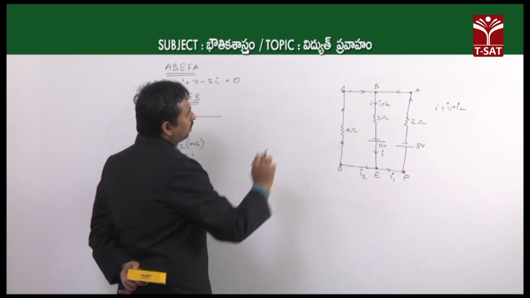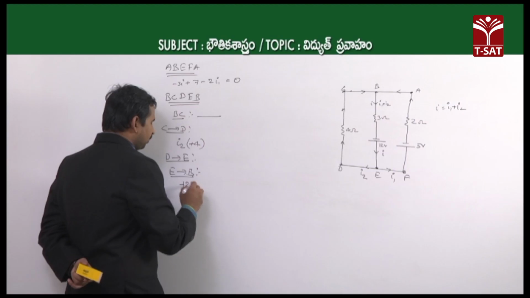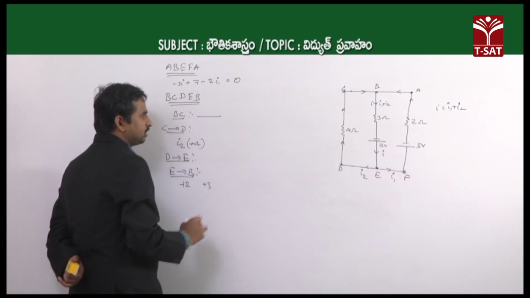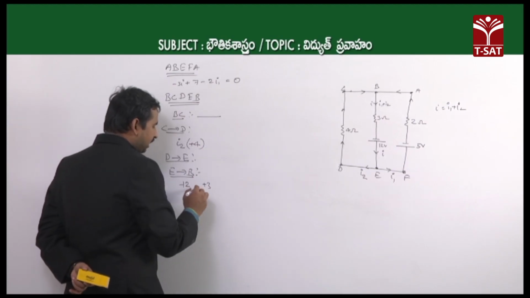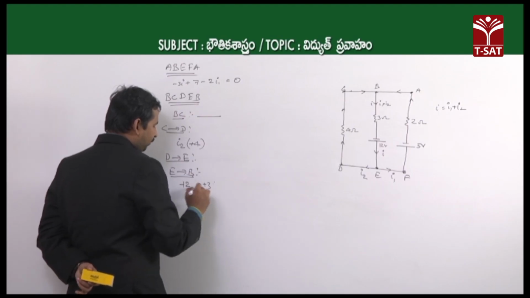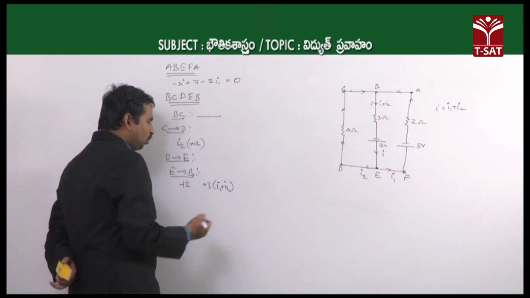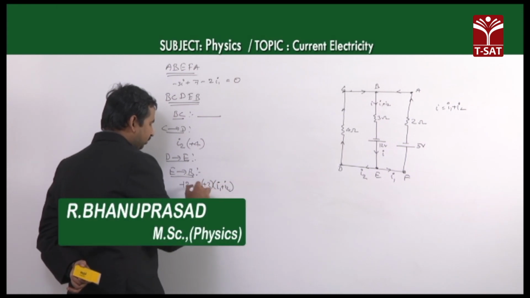And going opposite to the direction of current, that 3 ohm resistance we have to take as plus, and the current passing through that is I1 plus I2. So, plus 3 of I1 plus I2 we are taking. Only these two components are present here.